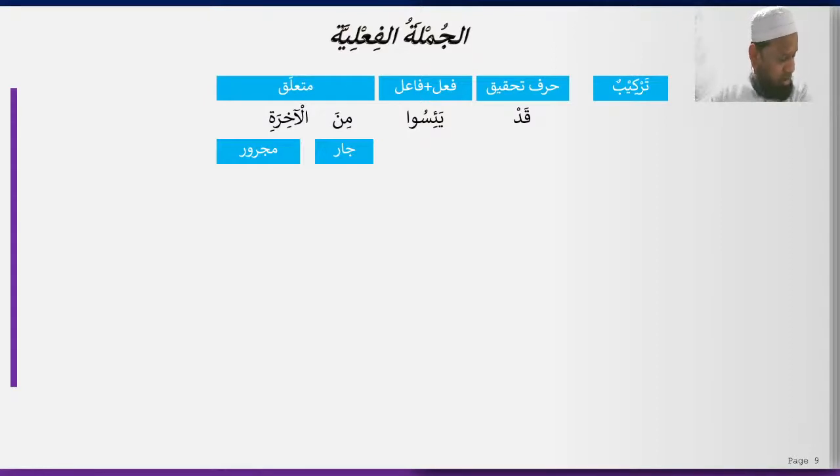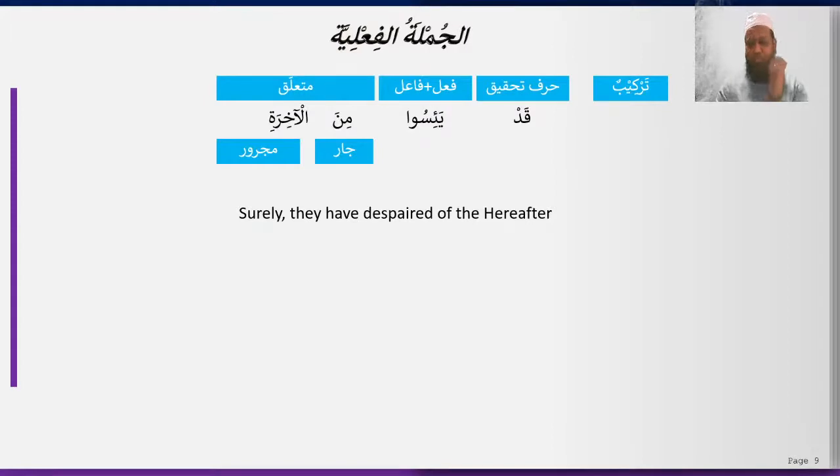Okay, alhamdulillah. But well done, good. Surely they have despaired of the hereafter. So here we will not translate min as it is from, but of the hereafter. So in English, when you translate, you change a little so it fits in the translation. Surely they have despaired of the hereafter. We cannot say from the hereafter.